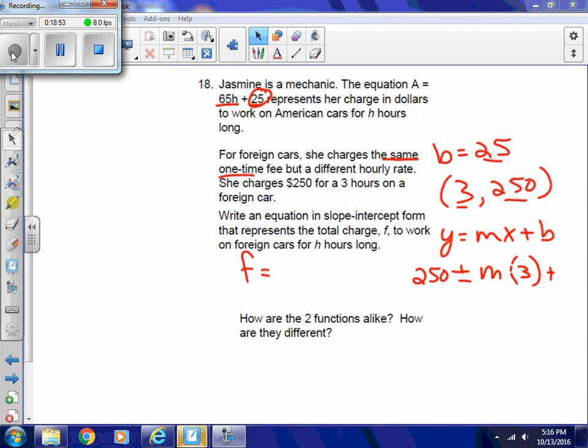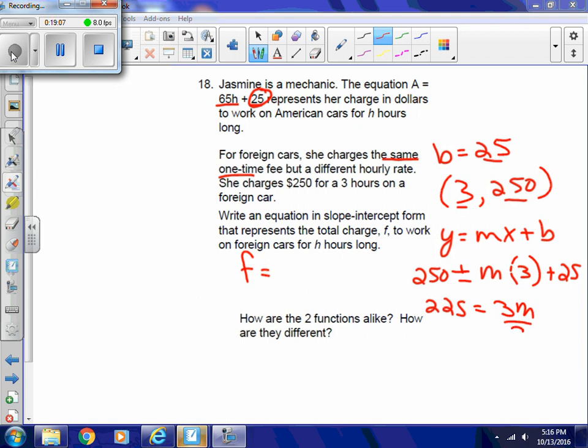Okay, so let's plug in the 25 for B. Well, to get M alone, I could subtract 25 from both sides, and when I do, I get 225 equals 3M, and then I can divide both sides by 3, and I discover that M equals 75.